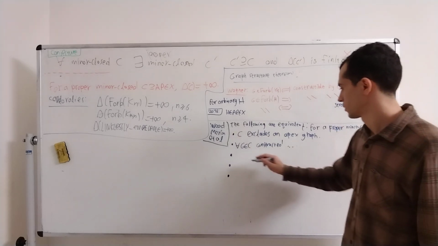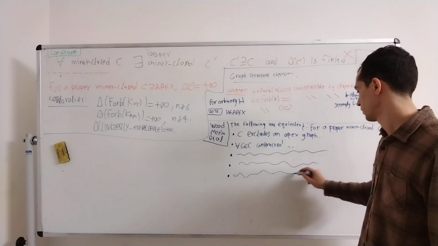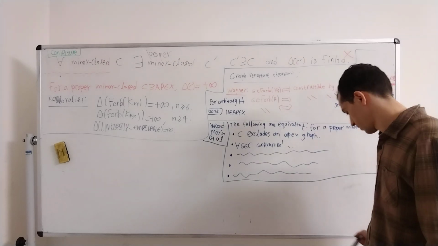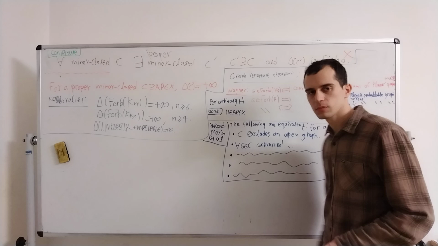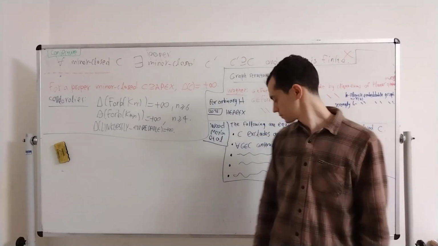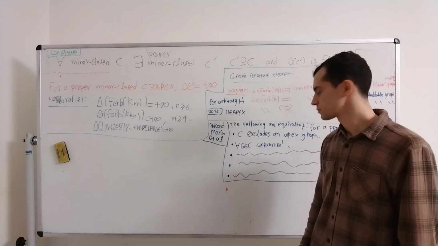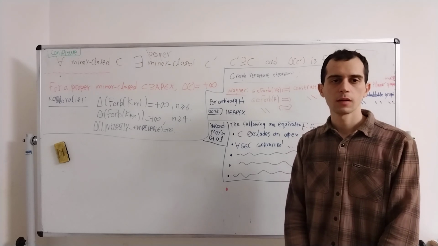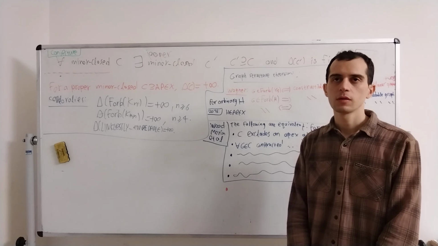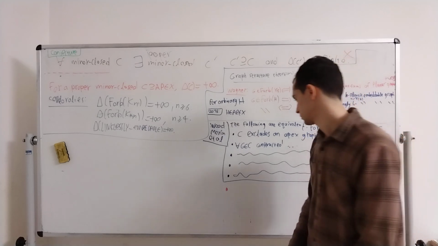So, you know, this was something, and this was something, and this was something. A proper minor closed class C excludes an apex graph if and only if it has a proper minor closed superclass of delta 3.